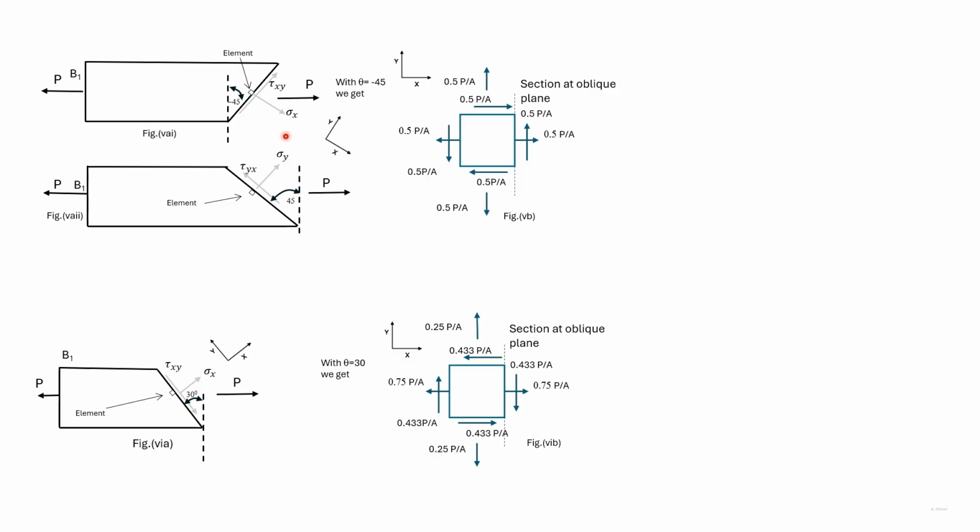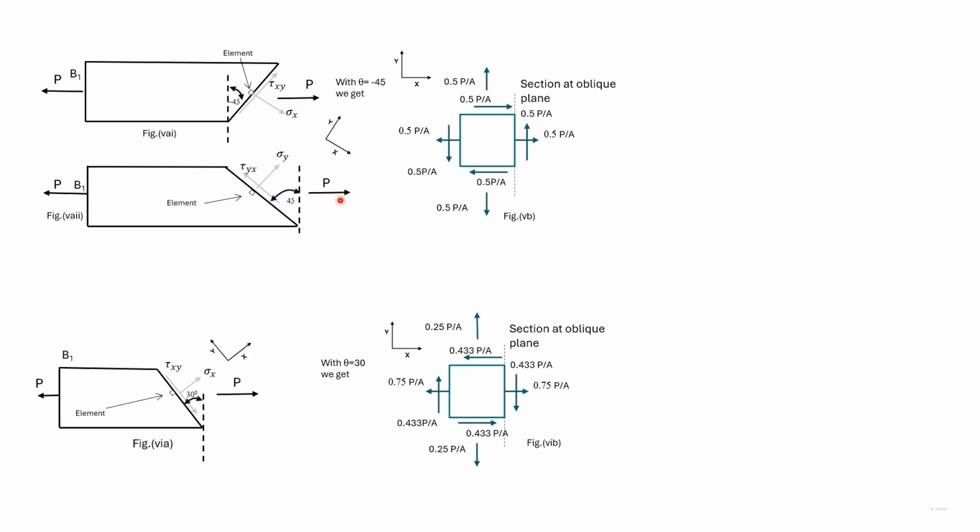In order to find sigma y, we consider a section which coincides with the top of this inclined element. The force here must be P, and we consider a normal force and a force parallel to the section.